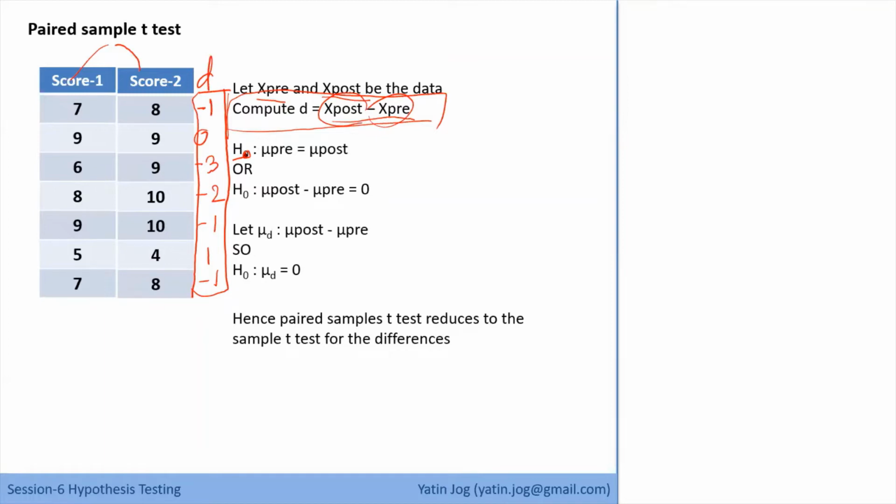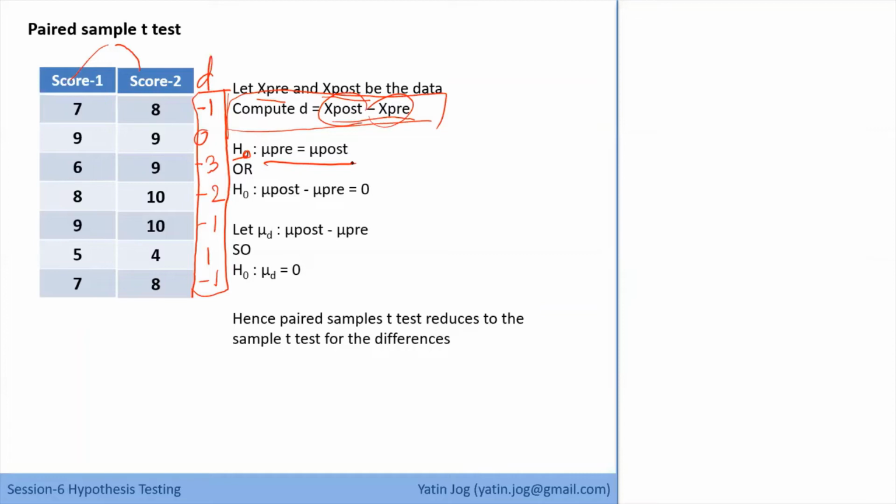So I can write the null hypothesis for this problem as: there is no difference in the means of pre and post exams. That means mu pre is equal to mu post. That means there is no difference in the mean of pre scores and post scores.